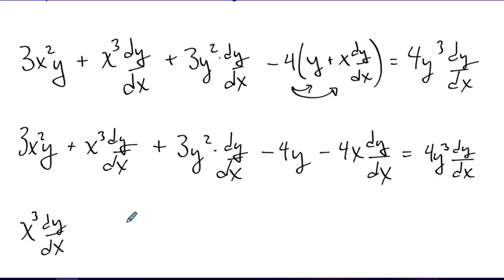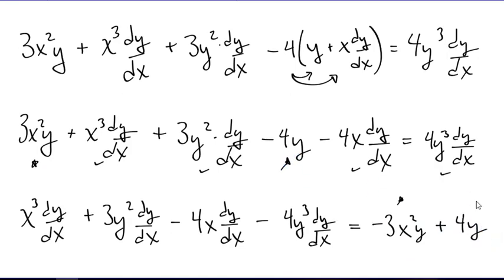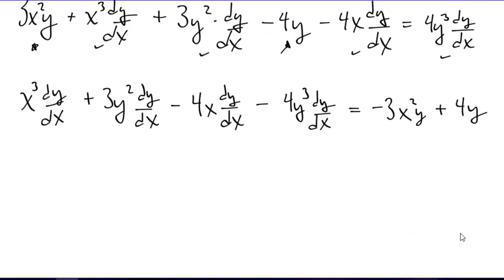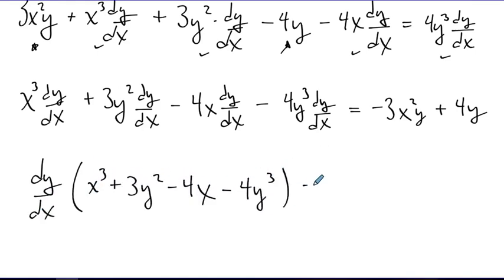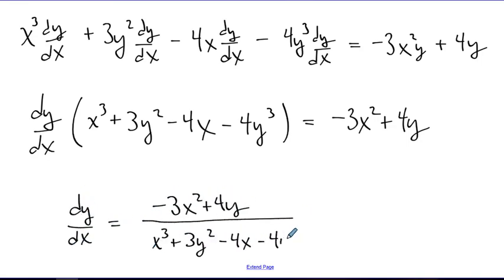And now I'm going to write all the terms with dy dx on the left-hand side. Make sure I get all the terms, and switch signs when they move from one side to the other. Factor out dy dx, and divide by that expression on the left-hand side, and that's it.